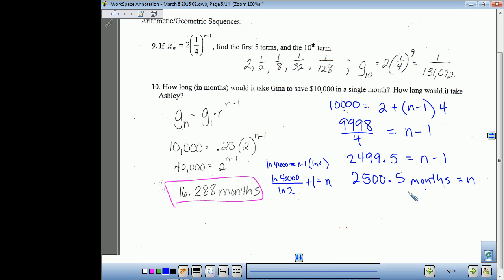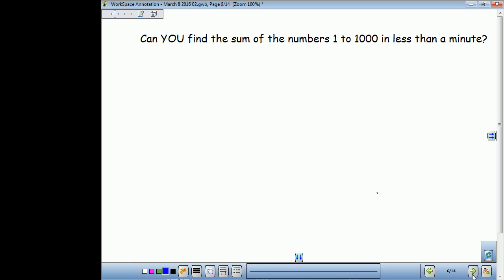That's just how long until she saves 10,000, and not just do 1 month. No, I am using a sequence formula here, so it's not actually adding them up. You have to use the summation formula to add them up. So this is in one particular month. She would make that much. And I'll talk to you about that in a minute. I'm so confused. Okay. We'll talk about that in a second.